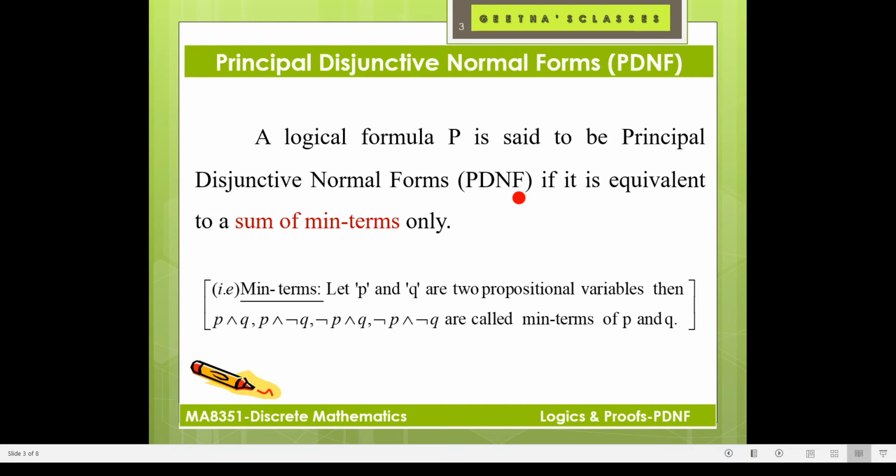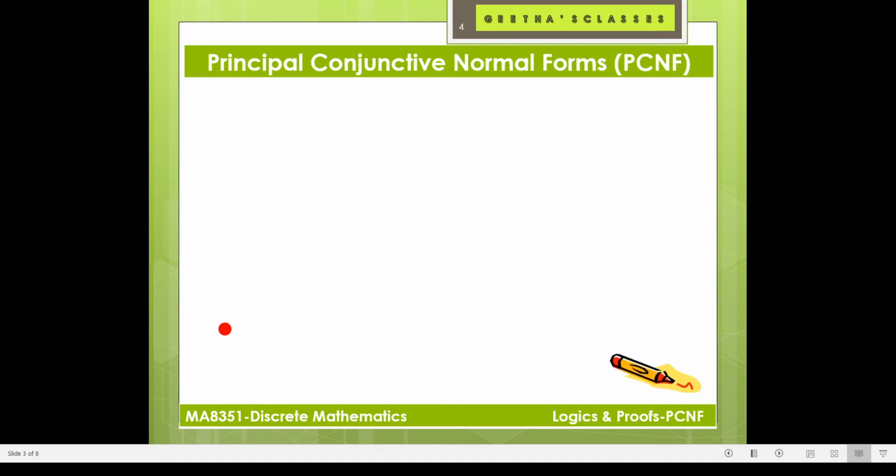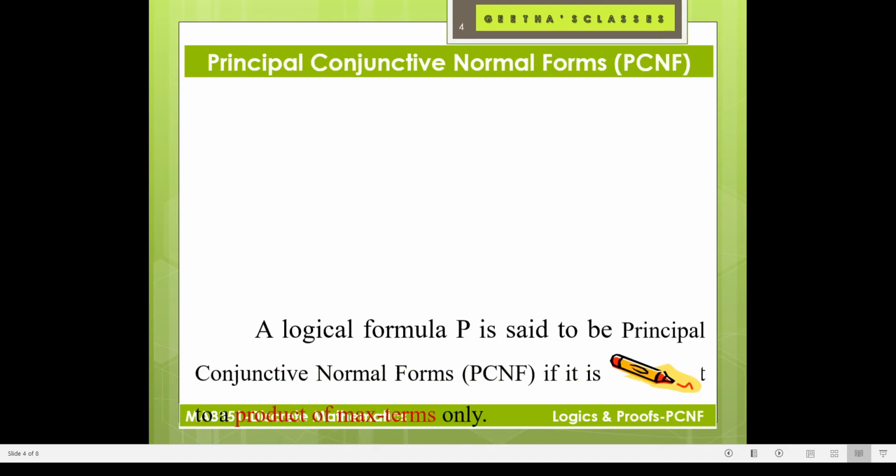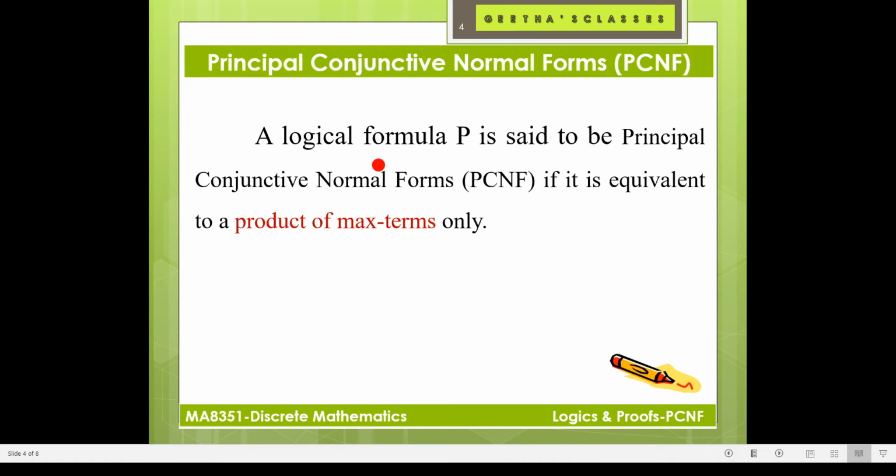Can you guess it for PCNF? Principal conjunctive normal form. Instead of min terms, you have max terms. What is the difference between min terms and max terms? Instead of the AND symbol, we introduce the OR symbol. Here is the definition: a logical formula P is said to be in principal conjunctive normal form, PCNF, if it is equivalent to a product, whereas there we saw sum, a product of max terms only.